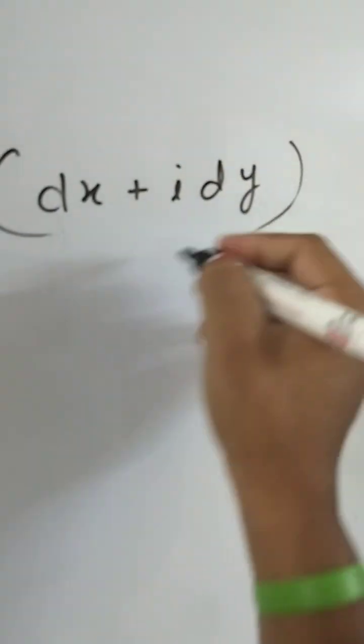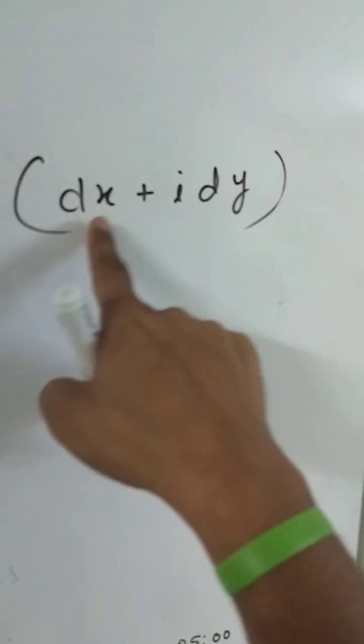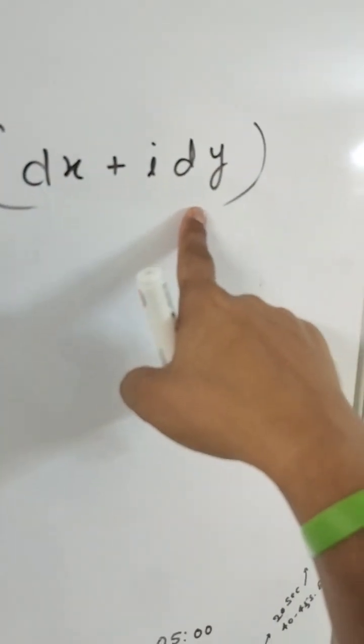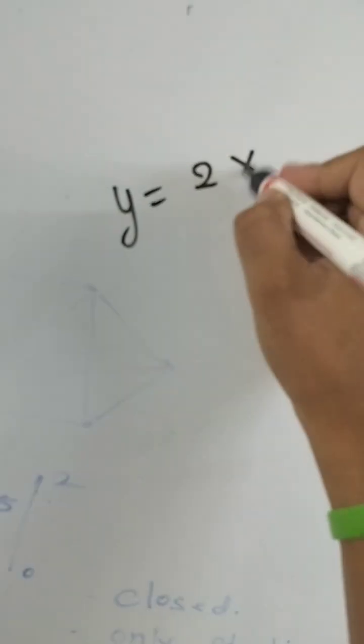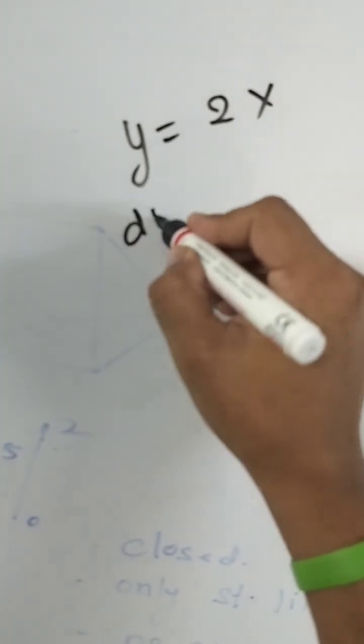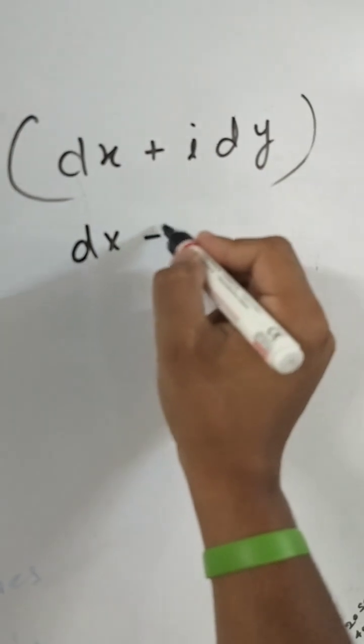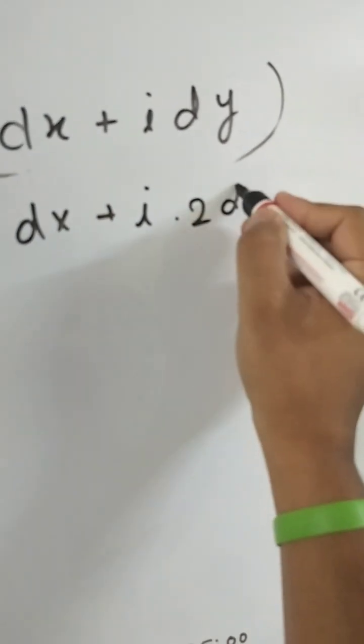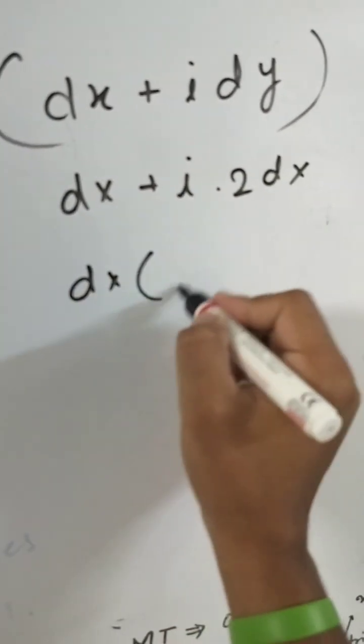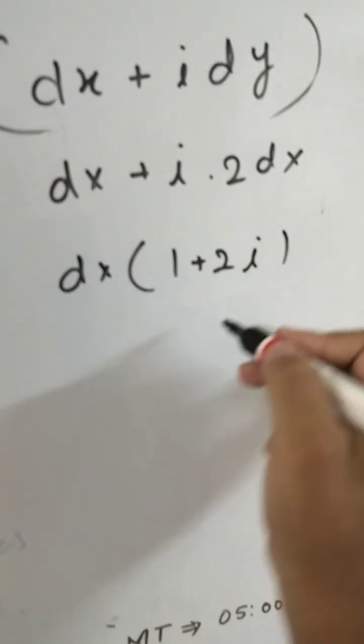So we integrate with respect to neither dx nor dy, but dx plus iota dy. And when we change into the function, suppose we change y equals 2x, so we change dy equals 2 times dx also. So this is dx plus iota 2 times dx, so dx into (1 plus 2 iota).